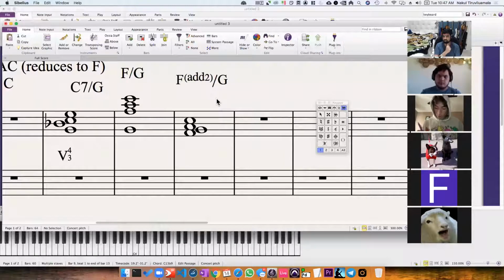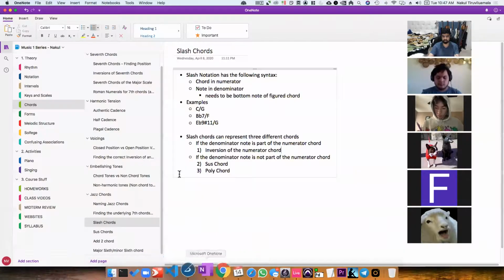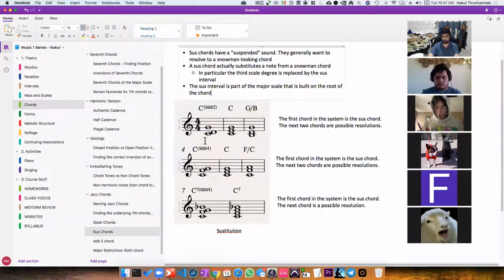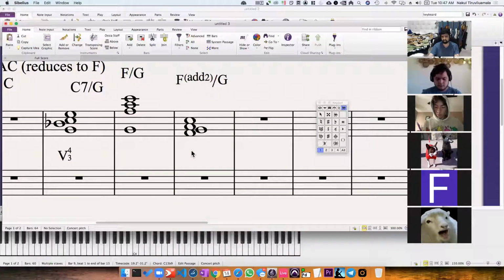That is true for the cases where we just have 3-note chords, like a sus2 or a sus4, these kinds of things. But I don't know if that necessarily remains true in this situation.